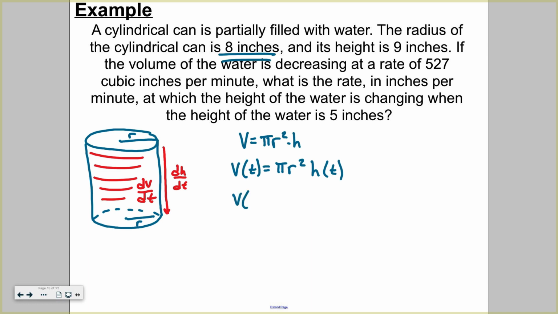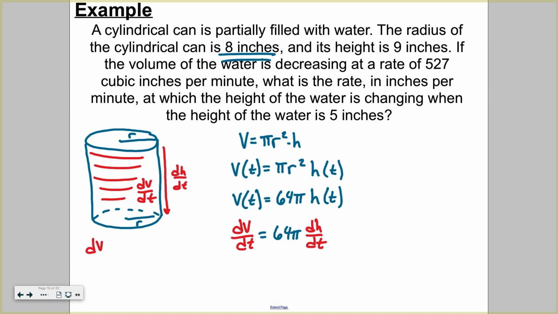So we're going to get V(t) equals, well, 8 squared is going to be 64 pi times h(t). And now we'll take the derivative of both sides, so dV/dt is equal to, and we said when we take the derivative of something with a coefficient, we leave the coefficient alone, and this is going to be dh/dt.